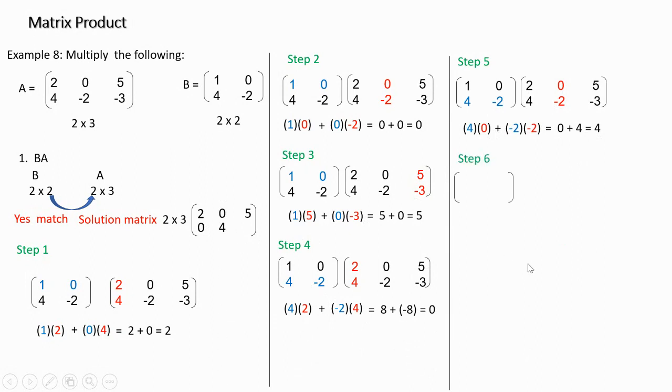And finally, I'm going to multiply the second row times the last column, which is column 3. So 4 times 5 plus -2 times -3 is going to give us 20 plus 6. The answer is 26. So this is my solution.